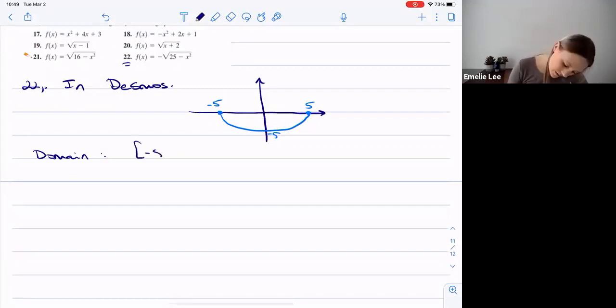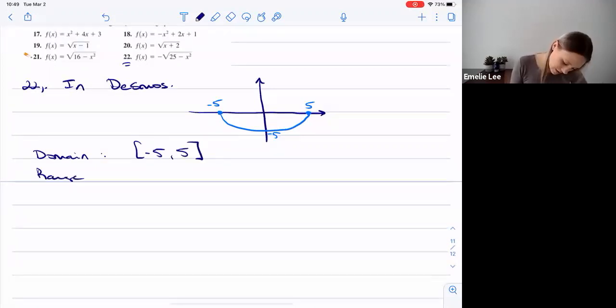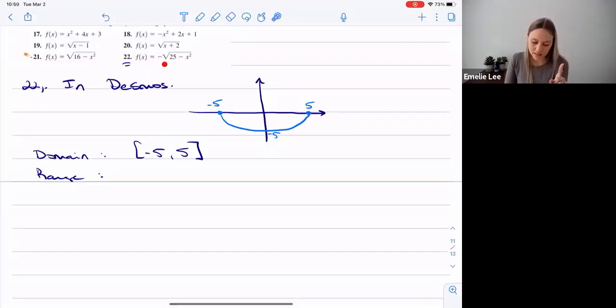The domain is from -5 to 5, and it can include those values, whereas the range seems to be including these values. If you convince yourself, well, if x is 5, for example, 25 minus 5 squared is 0, so it includes these.